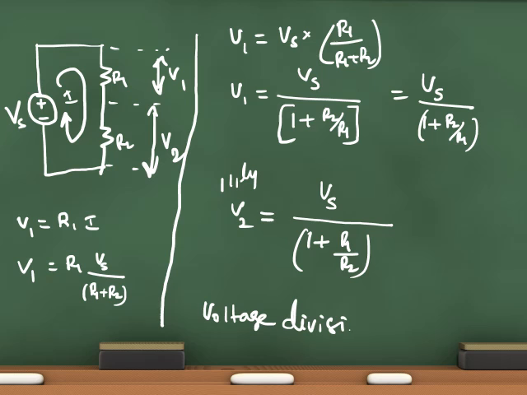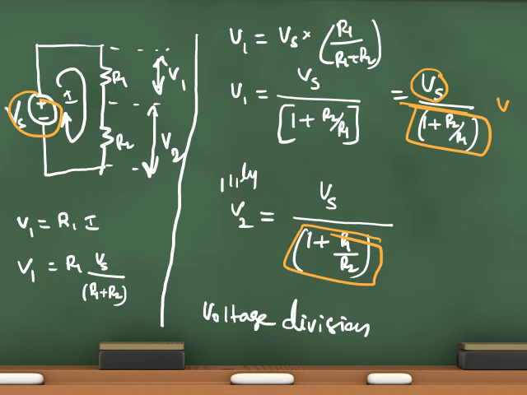So this is called voltage division. Here the main voltage is divided into two fractions, one is V1 and another is V2. V1 equal to Vs by 1 plus R2 by R1 and V2 equal to Vs by 1 plus R1 by R2. This is called the voltage division formula. Now I can generalize this.